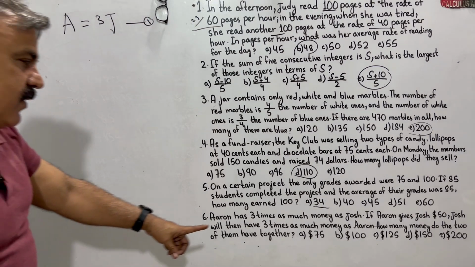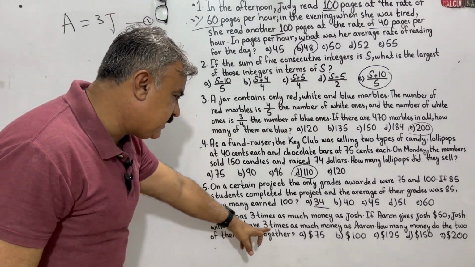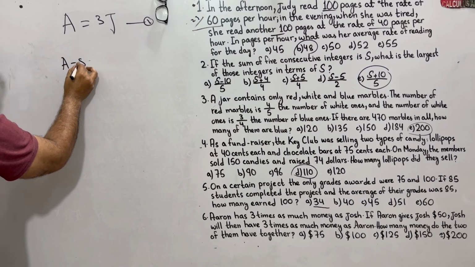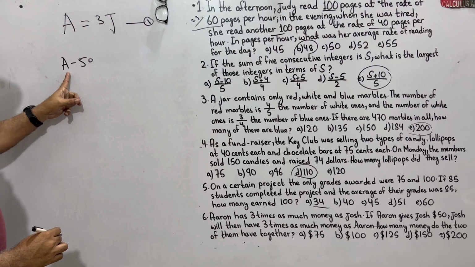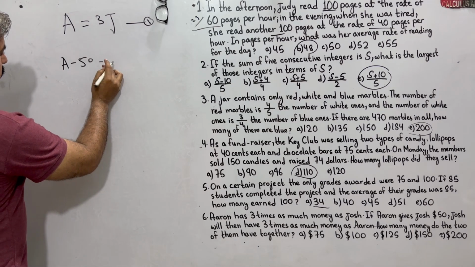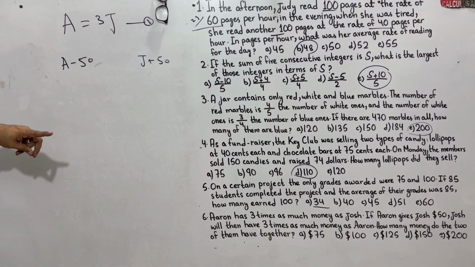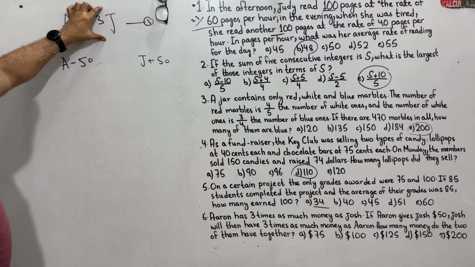Second, if Aaron gives $50 to Josh, Josh will then have 3 times as much money as Aaron. Aaron is giving away $50 and Josh is receiving $50. The first condition is that Aaron has three times as much money as Josh.